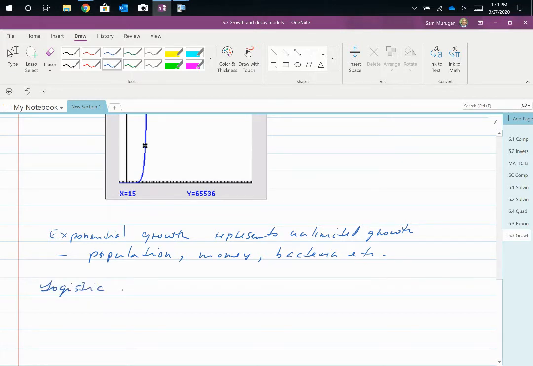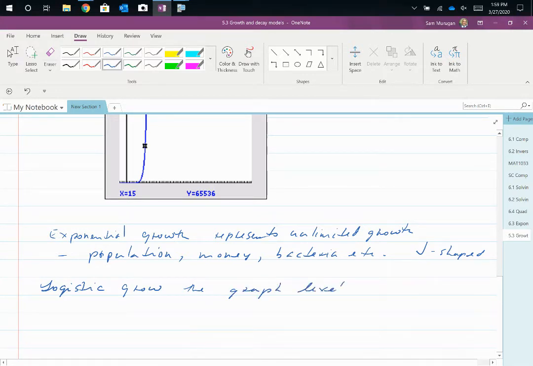A logistic growth model is a form of the exponential growth, but after a while, that J-shaped graph, remember this is J-shaped, levels off at a certain point.